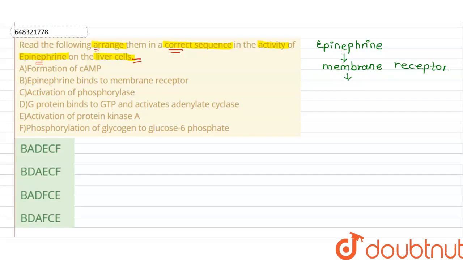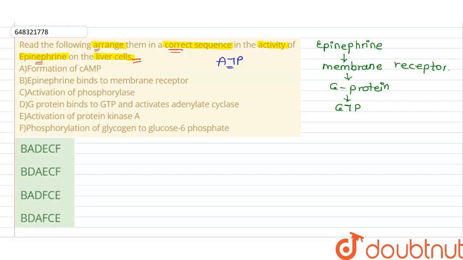After that there will be a G protein, and this G protein will bind to GTP. So what is this GTP? We know the term ATP, which gives energy in our body, that is adenosine triphosphate.